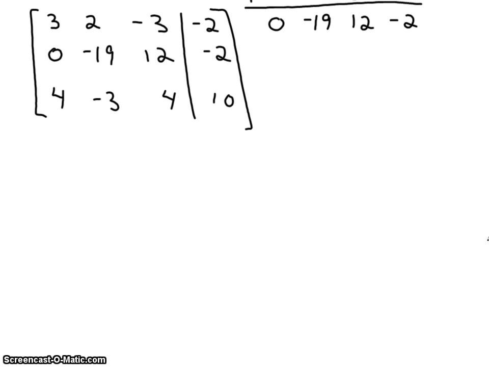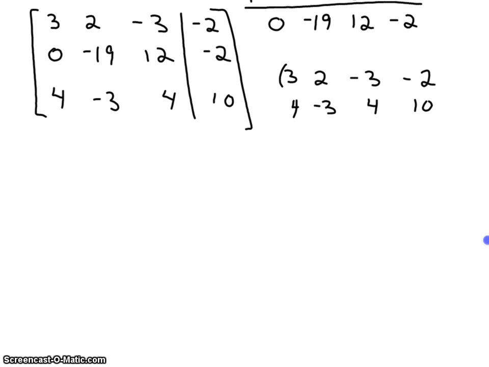Alright, great. Okay, now I want to use the first row, 3, 2, -3, -2, and row 3, 4, -3, 4, 10. And I want a 0 where the 4 is.